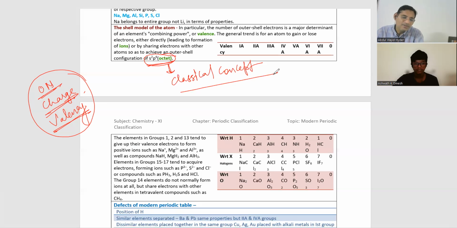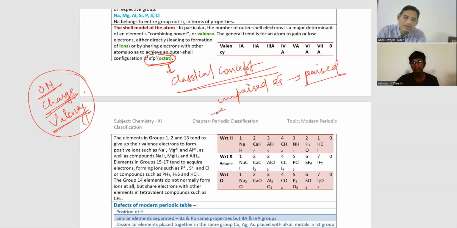Yes, sir. So this is classical. What is modern? Unpaired electrons should get paired, because when electrons will be paired, that state will always be the more stable state. So each and every element tends to have that stable state.